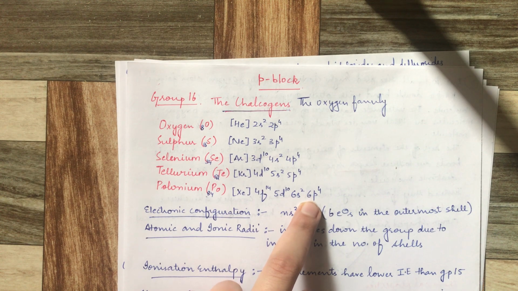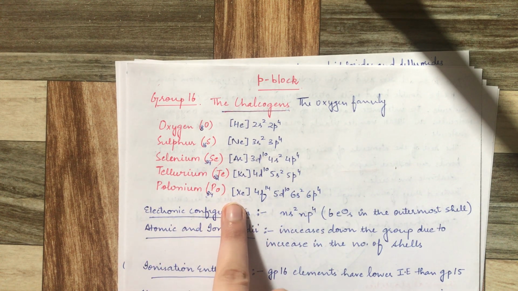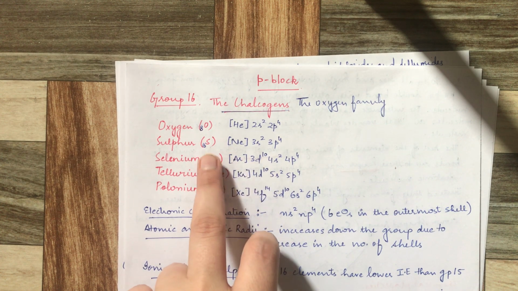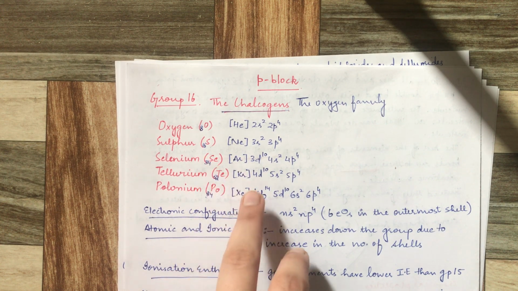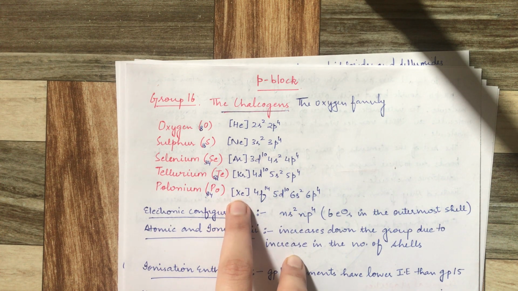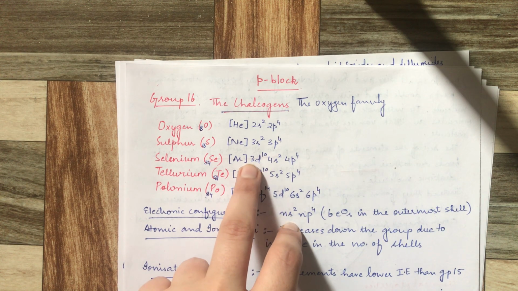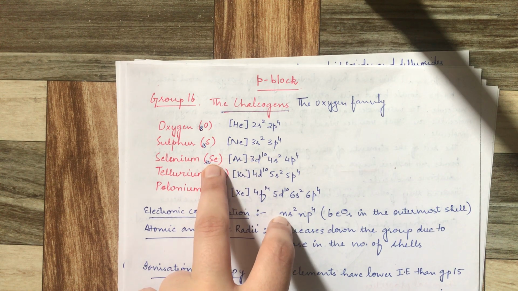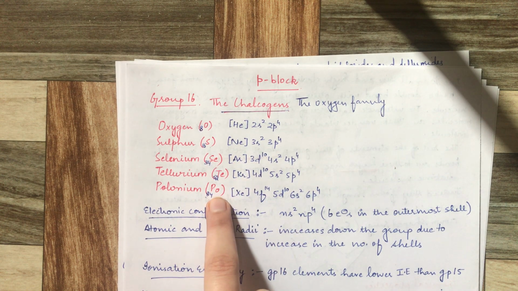So pay attention to the electronic configuration, and if you observe closely, the d orbitals start from selenium, right? Then the f and d orbitals start from polonium. So d electrons are the intervening electrons in selenium, in tellurium, and in polonium.